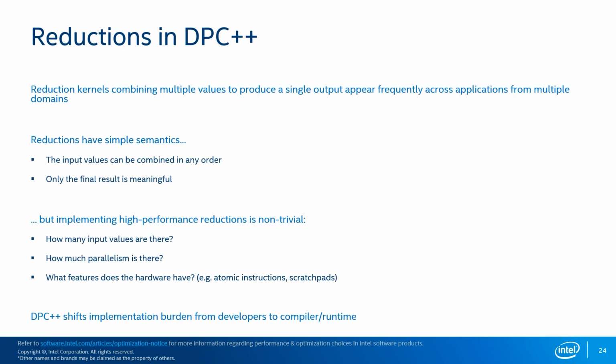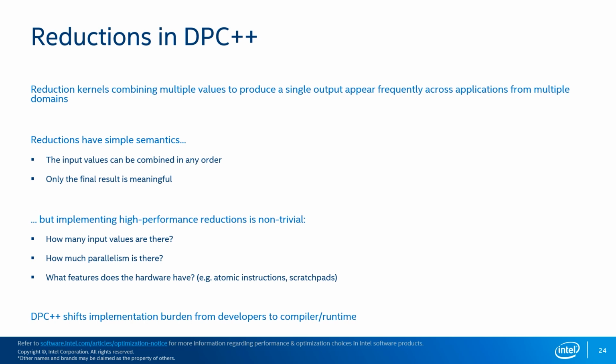The next DPC++ extension adds a common pattern in parallel programming to SYCL. We saw a very limited form of this pattern in the previous extension on subgroups. Kernels that perform reductions combine multiple values to produce a single output. This is an important pattern in many different application domains. Reductions have simple semantics.